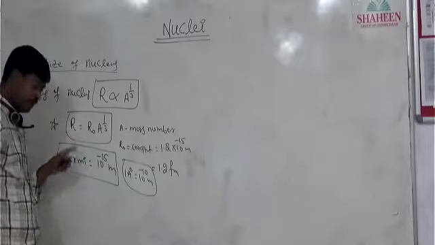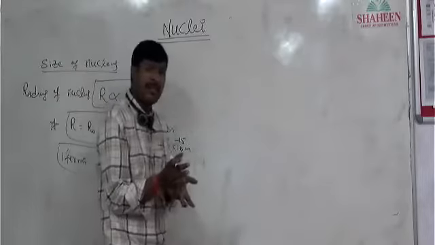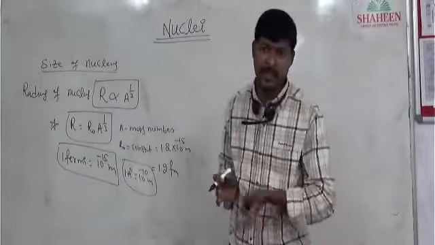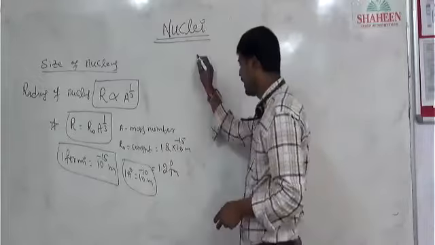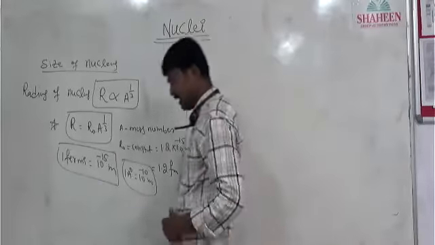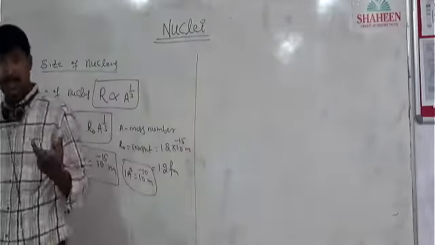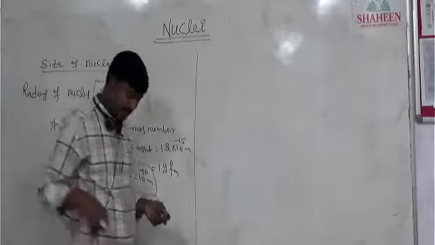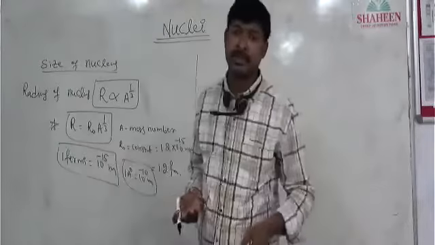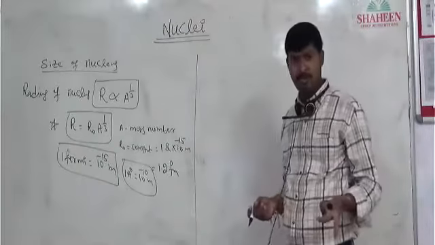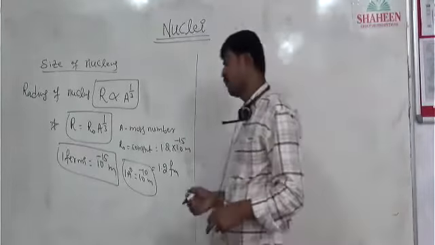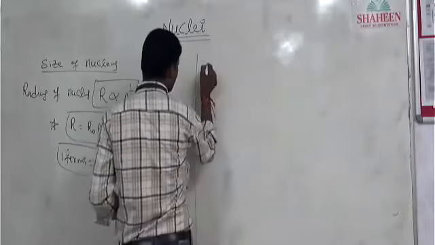This is the radius. We consider the nucleus as a sphere, so it has a surface area and also a volume. Let us see the surface area and volume.